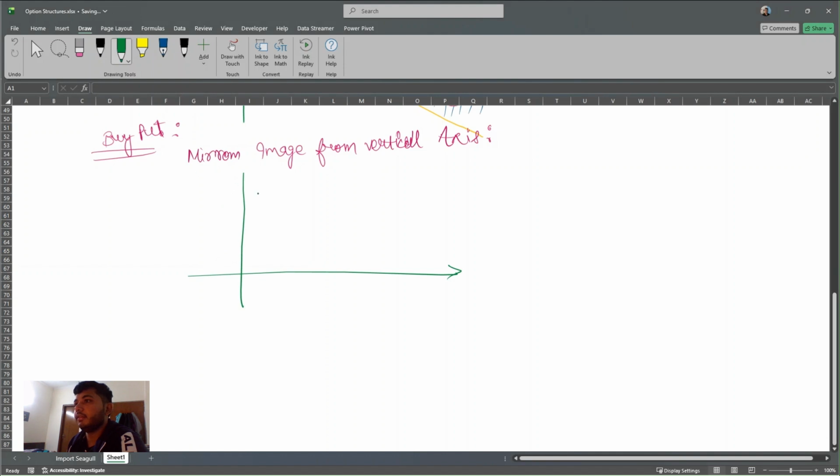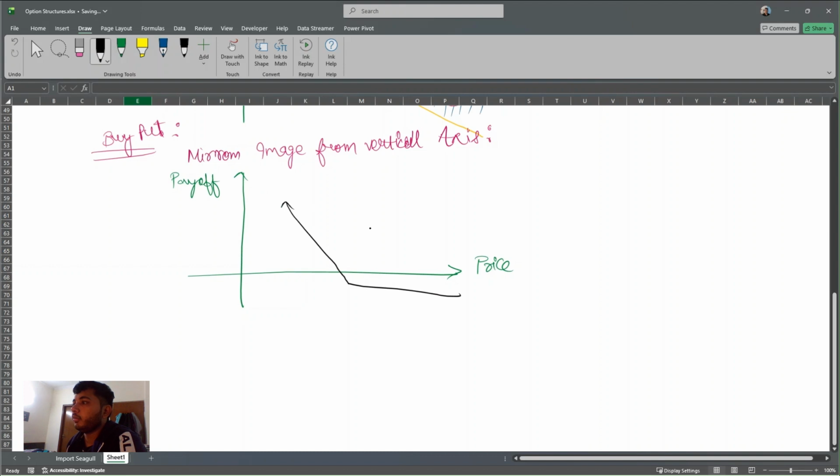This is your graph, again payoff, and this is the price. So how do we make a buy put like this? We are just going to make a mirror image of it through the vertical axis. So our graph would look like this.